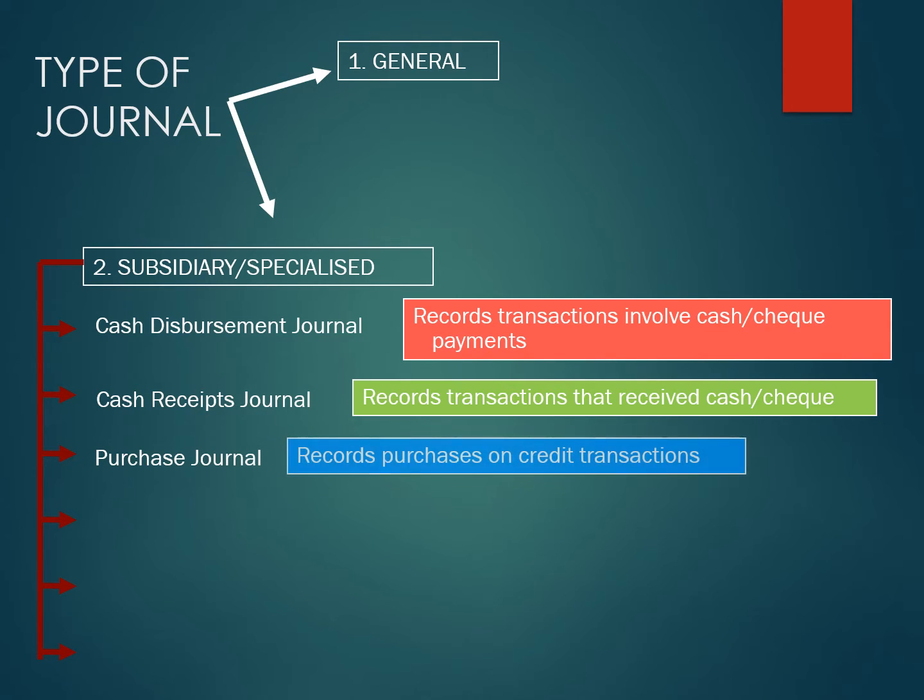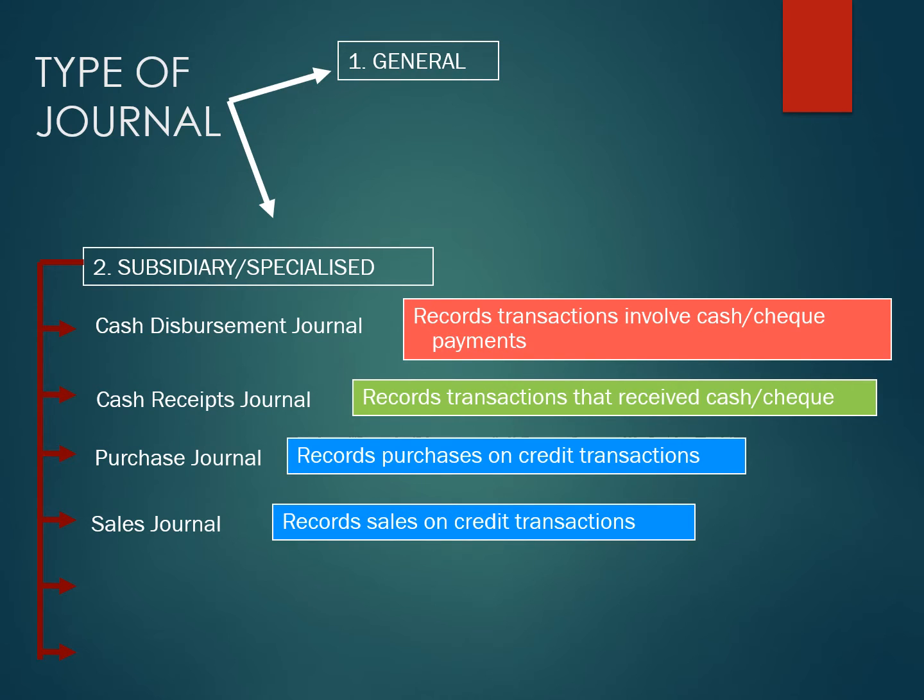The purchases journal records the purchases, meaning whenever we buy trading goods on credit. Remember, only trading goods purchased on credit are recorded in the purchases journal.